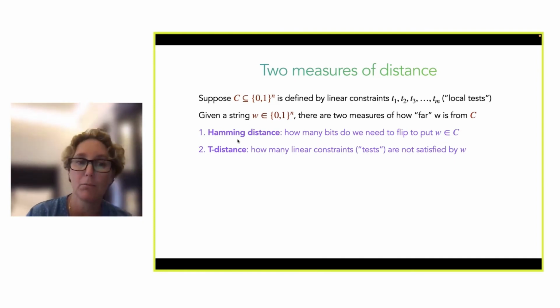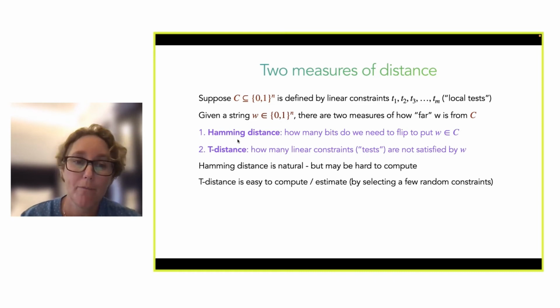It's not easy to calculate, but the T distance is very easy. You just go over the linear constraints and check each one, and you can see how many are satisfied or not. And you can even estimate by just selecting a few random tests and checking if they're happy or not. So the Hamming distance is natural, but the T distance is easy. But they have nothing to do with each other in general.